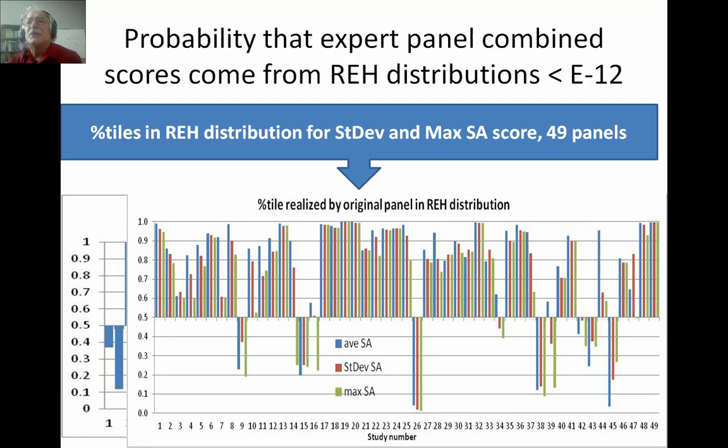But if we do some simple statistics, in this case, we can show that if the random expert hypothesis were true, the probability of seeing pictures like this or more severe than this is on the order 10 to the minus 12. So this is an obliteration of the random expert hypothesis. It's simply not the case that the differences in expert performance can be explained by random stressors at the time of the elicitation.